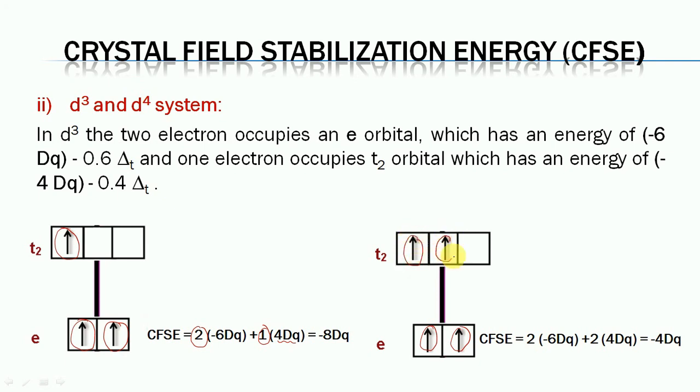So the crystal field stabilization energy in this case is calculated as 2 into minus 6 Dq plus 2 into 4 Dq, so it is equal to minus 4 Dq. So this is the crystal field stabilization energy in the case of d3 and d4 systems.